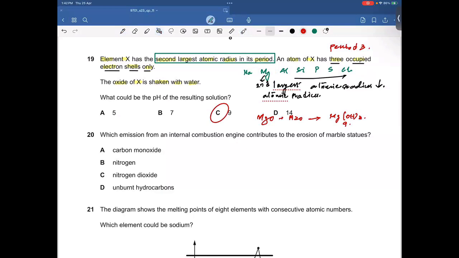We have given this information in chemical periodicity, so I think you should remember this. So magnesium is element X because it has the second largest atomic radius, and since it is found in period 3, it has 3 occupied shells. So when magnesium oxide is shaken with water, it will give you an alkaline solution of magnesium hydroxide, which is also called milk of magnesia. And milk of magnesia is a weak alkaline solution, which means it has a pH of 9. So C is going to be the right answer.